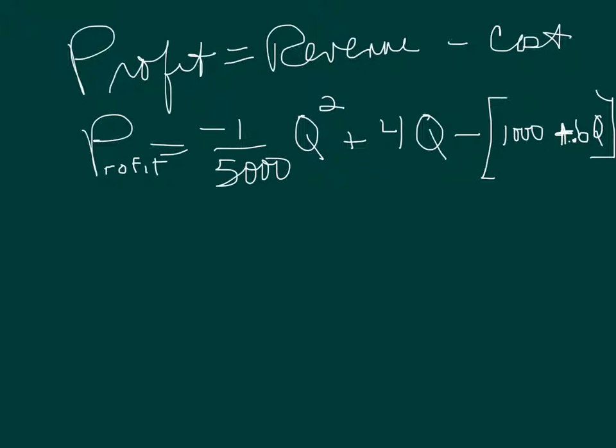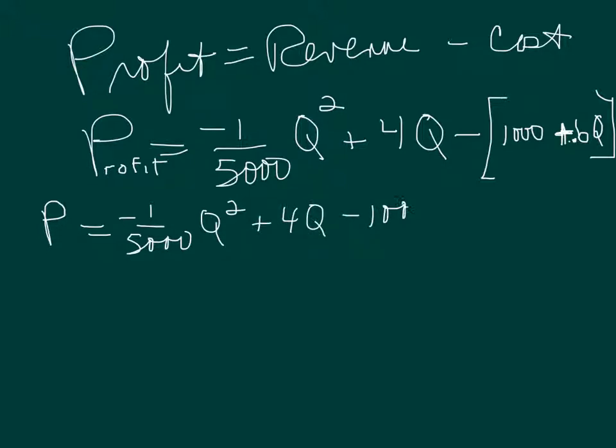We're going to distribute this negative two places, and then we're going to combine like terms. So I'm just going to use P for profit. Profit equals -1 over 5,000 Q squared plus 4Q minus 1,000 minus 0.6Q.